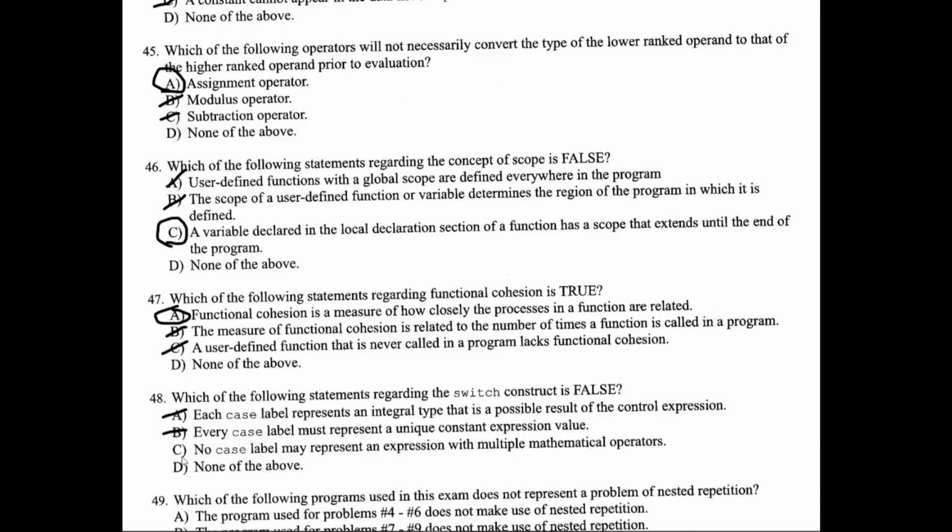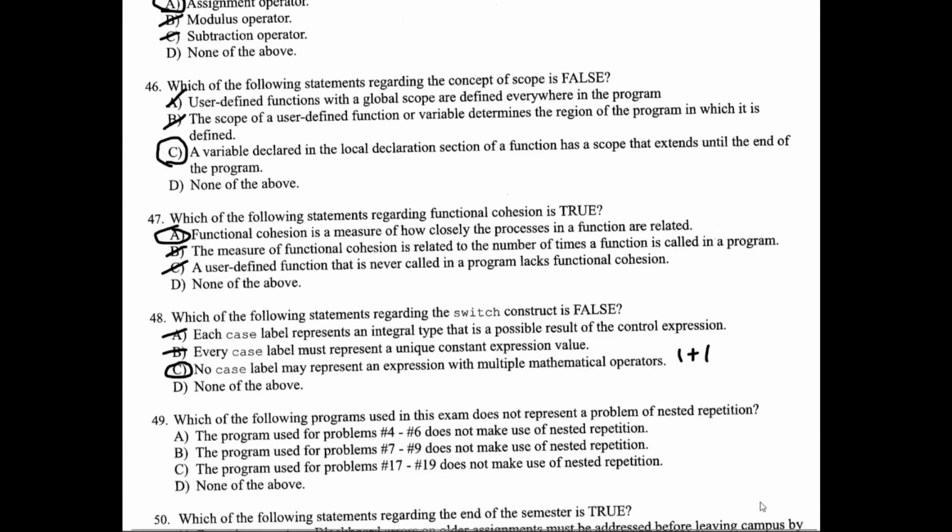That is false, and is the answer. Because the case label does not restrict what expressions are considered valid. You can have 1 plus 1 be your case label, or any sort of mathematical valid expression with as many operators as you desire.